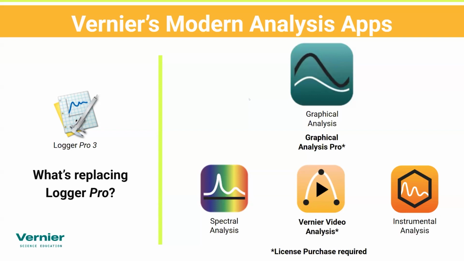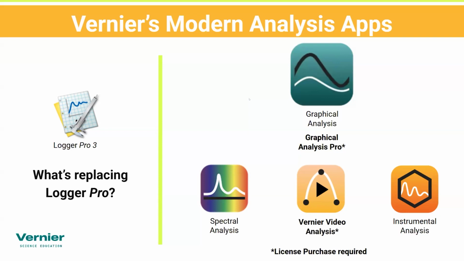So the main data collection application is Graphical Analysis. It does most of our sensors, and then there's Spectral Analysis that will do spectrometers. Our video stuff is actually split in 2 parts. The analysis of motion of objects is our video analysis app.